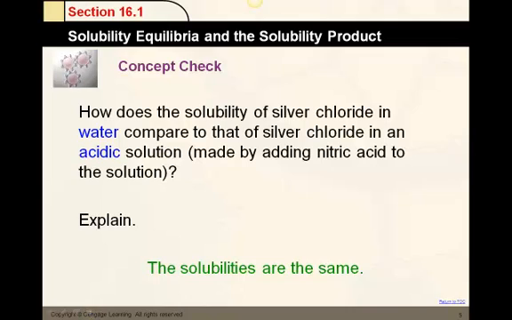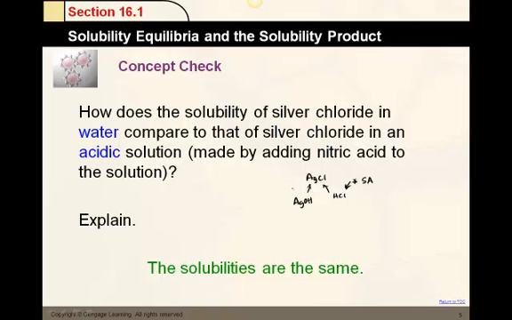Now with silver chloride, if we think of this salt as silver hydroxide, I don't know why I wrote the parentheses. There we go. And chlorine, you can see that this is a strong acid. Strong acids do not tend to be more soluble. I mean, salts of strong acids do not tend to be more soluble in acidic solutions.